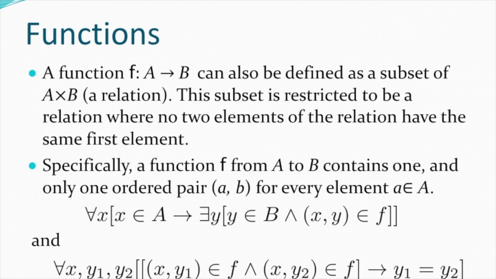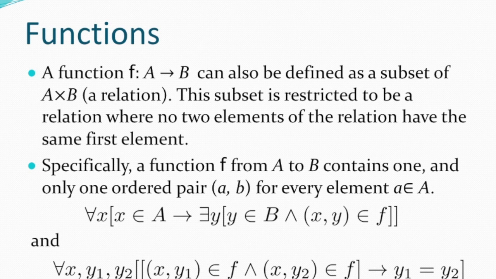Sometimes I could have a small subset of the set A, and these elements are mapped to the set B. So a function f from A to B contains one and only one ordered pair, like (a, b), for every element a that belongs to A. And this satisfies the quantifier: for all x belonging to A, there must exist at least one y in B, such that x and y both belong to the mapping function f.